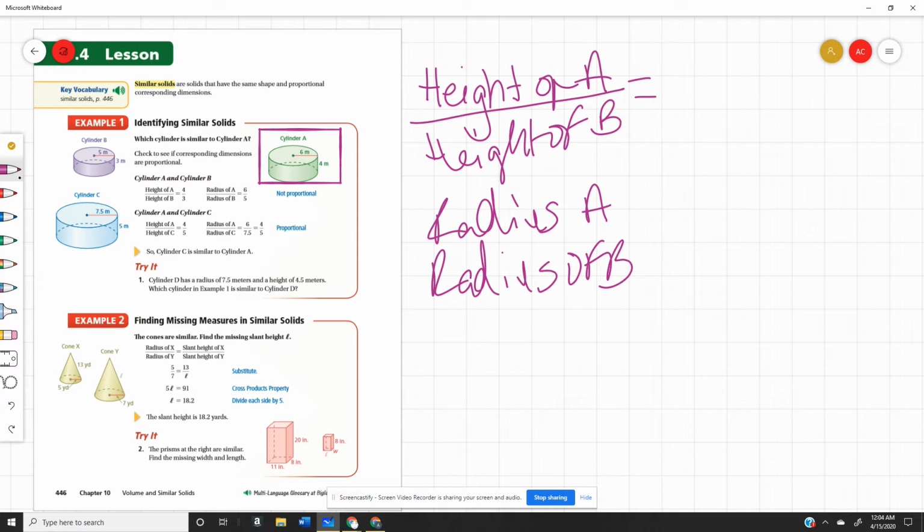So when we look at our height here, our height of A is 4, and our height of B is 3, okay? Now let's look at our radiuses. Our radius of A is 6, and our radius of B is 5, okay?